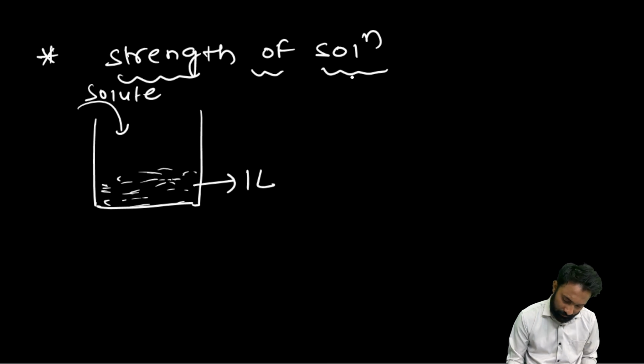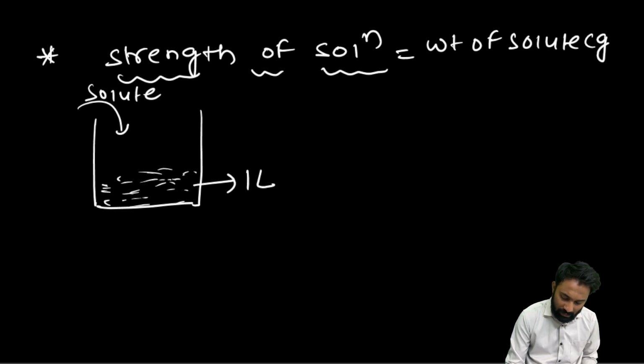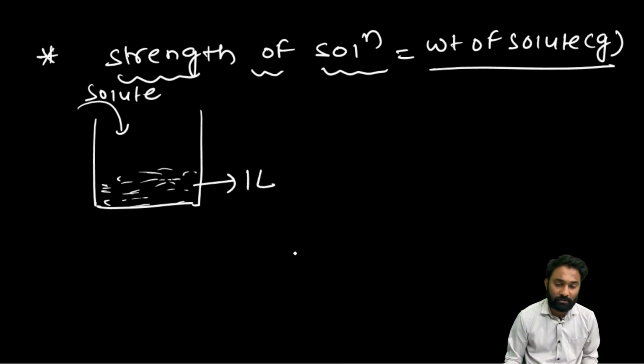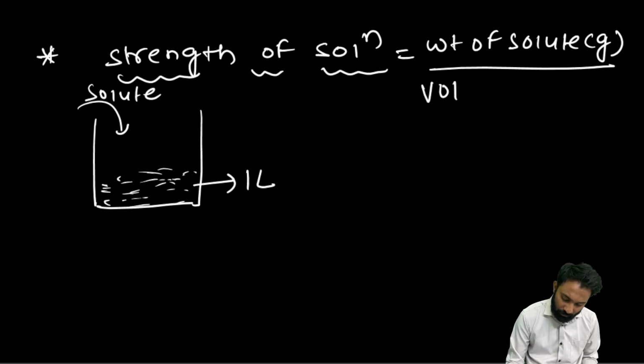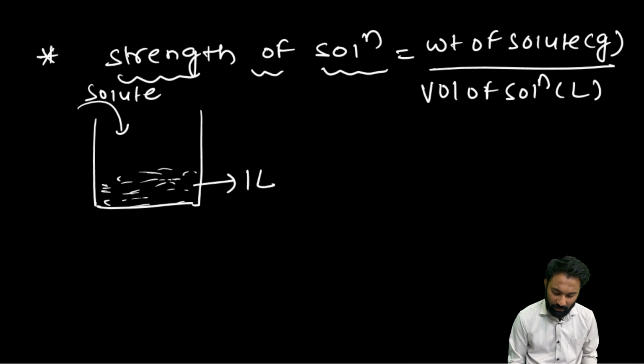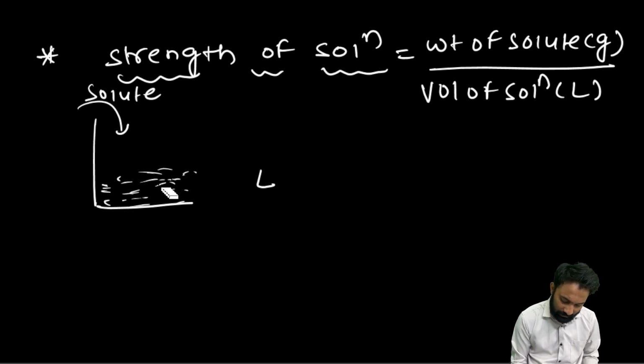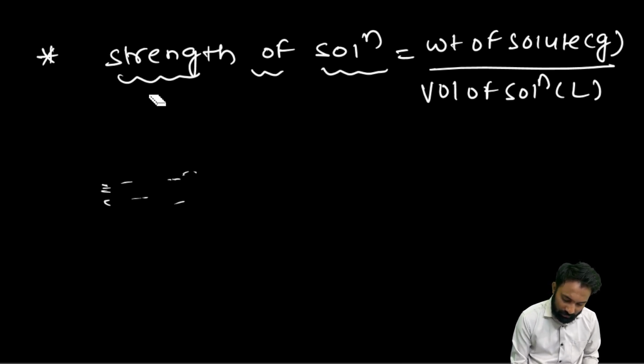Strength of the solution is equal to weight of solute in grams by volume of solution in liter. Clear? Now can I modify this formula? How can I modify this formula?